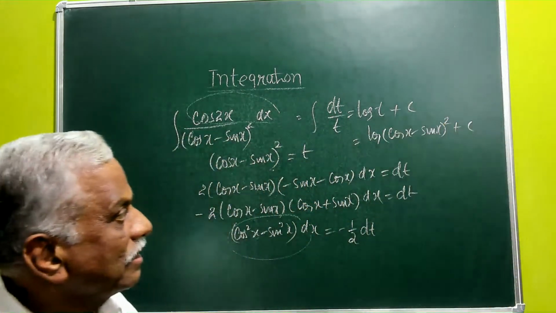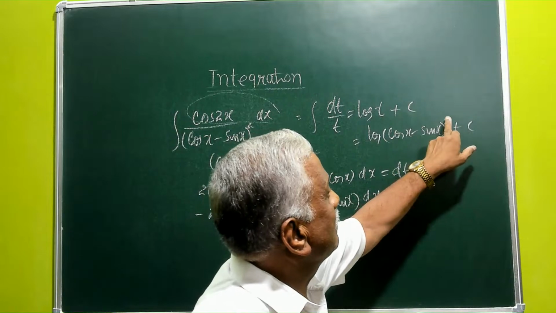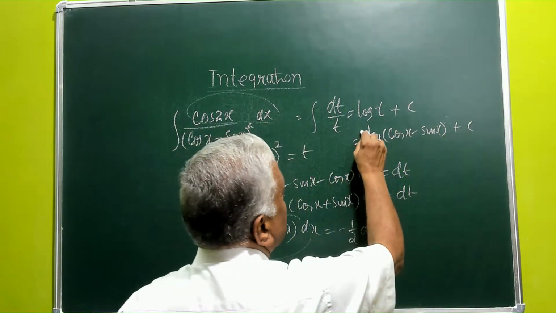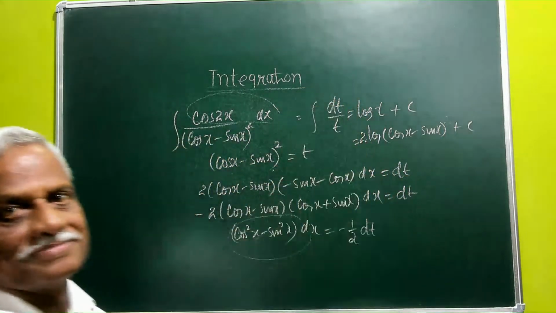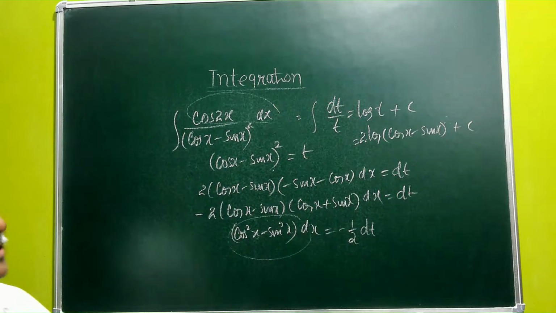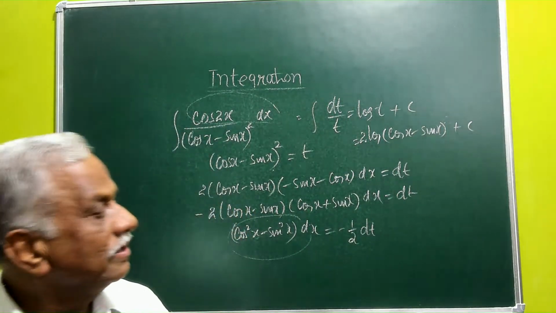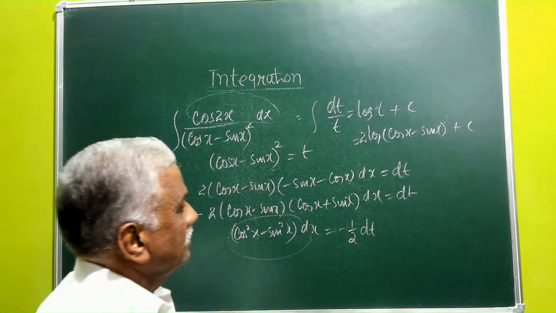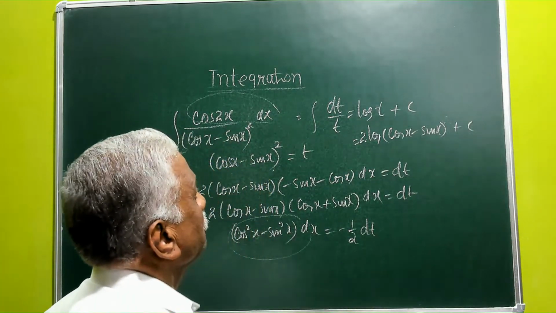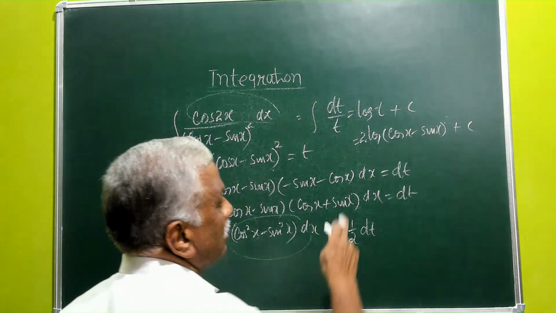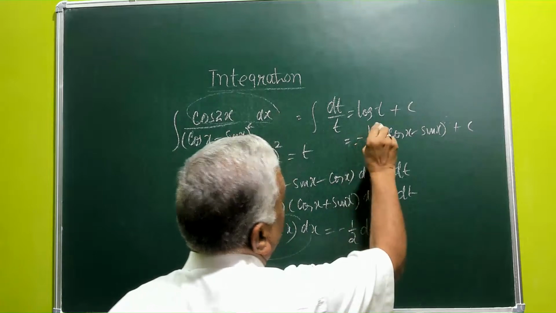But you will see in the answer, whole square is not there. They would have shifted this. And be careful. Log m power n is n log m. That's the normal way. And one more thing is, there is minus half also here. So what will happen is minus half and plus half will cancel. There is only minus.